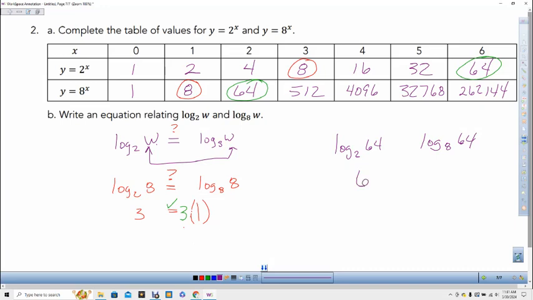Over here we're going to get 2. So what do we need to do to make those equal? We need to multiply that one by 3. So what is our equation relating these two? Well, that would mean that log base 2 of w, any value w we put in, would have to be 3 times the log base 8 of that same number.